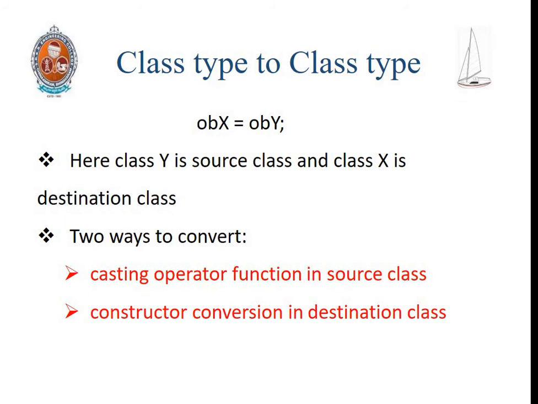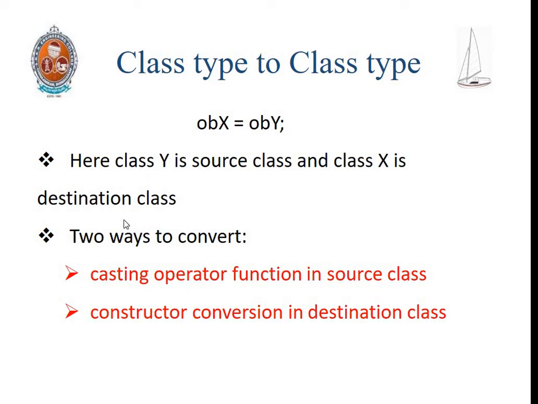And next one is conversion from class type to another class. Here obx equal to oby, where x is a class called the destination class and y is another class called the source class.